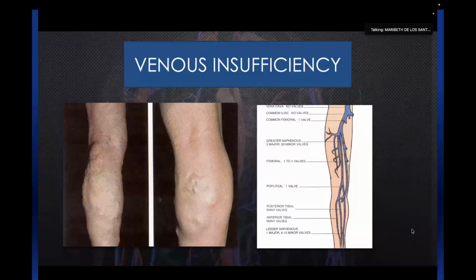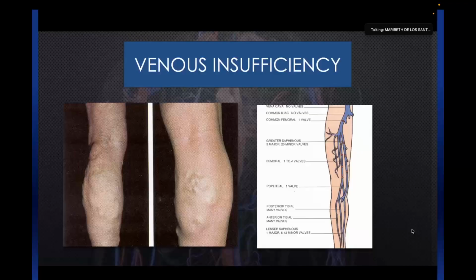So you have the distal external iliac vein, the common femoral vein, superficial and deep femoral vein, popliteal vein, posterior tibial vein, while we have two superficial veins. We have the greater and the lesser saphenous vein.